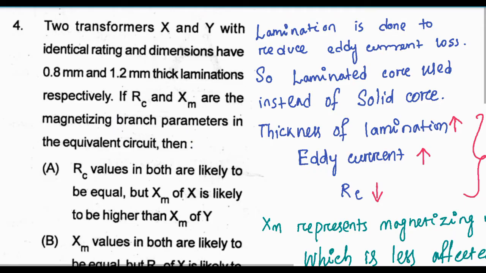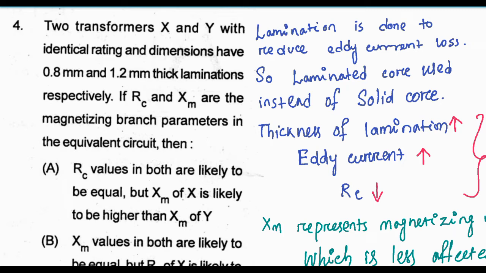Question number 4. Two transformers X and Y with identical rating and dimensions have 0.8 mm and 1.2 mm thickness laminations respectively. If RC and XM are the magnetizing branch parameters in the equivalent circuit, then here are the options. So what is given in the question?